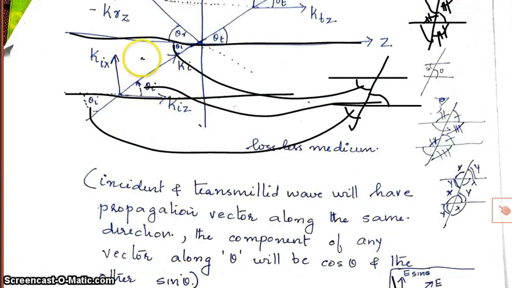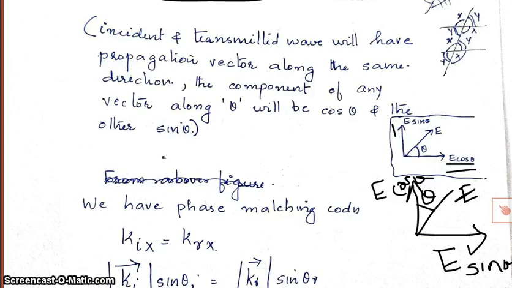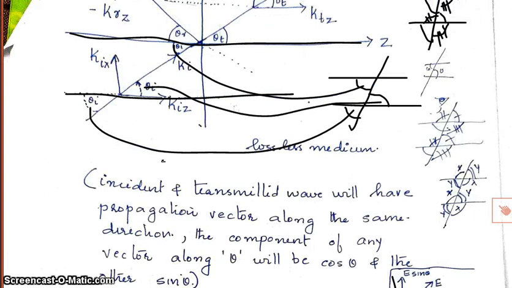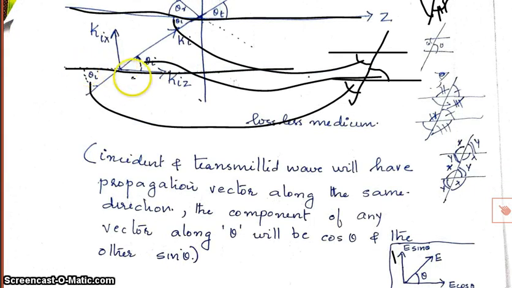Okay, so now taking this case, I can say this is my theta I, right? So this KIZ will be my cos theta component and my KIX will be my sin theta component, right?